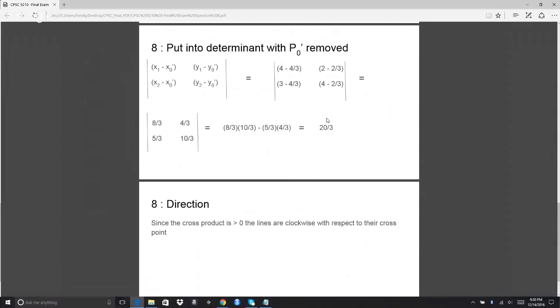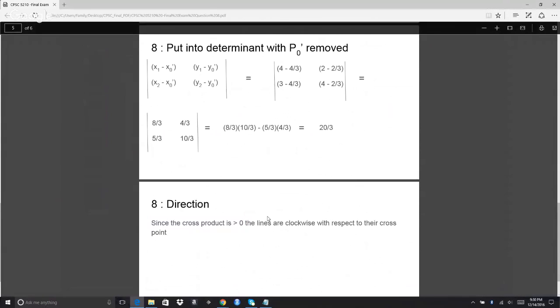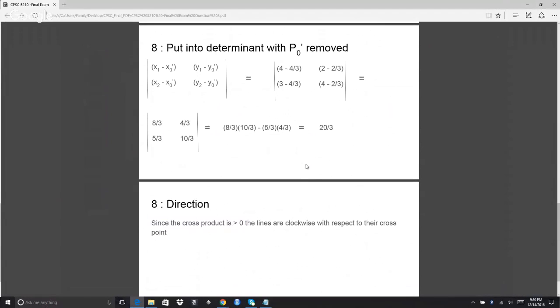One, it's the signed area between the two lines. Also, because it's positive, since the cross product is greater than 0, the lines are clockwise with respect to their crossing point. So you would turn in the direction of a clock to reach the next segment.